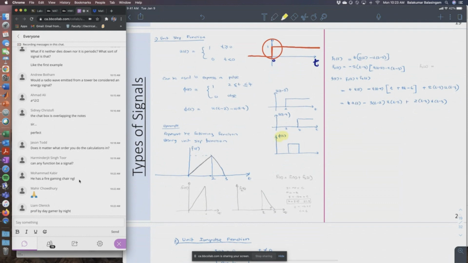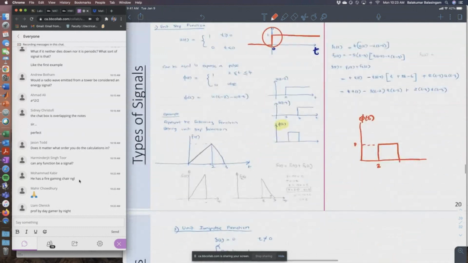Let me highlight this pulse. Look at this pulse. Now that's a pulse. Pulses are very important when it comes to discrete signals. It starts at 2, shoots up. So this is 1. So this is a signal phi(t).